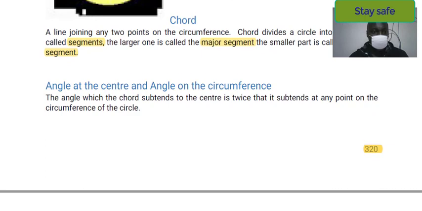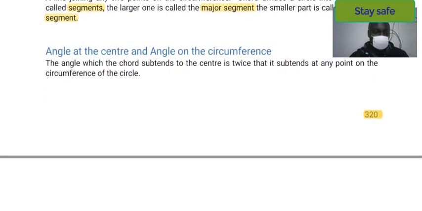Now, after knowing those definitions, let's go to the angle at the center and the angle on the circumference. This is the first property that you're going to look at. The property states that the angle which the chord subtends at the center is twice that which it subtends at any point on the circumference of the circle.